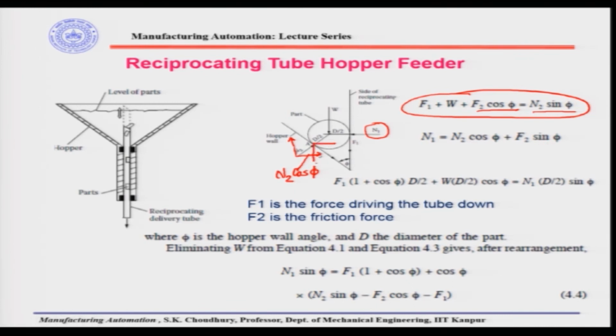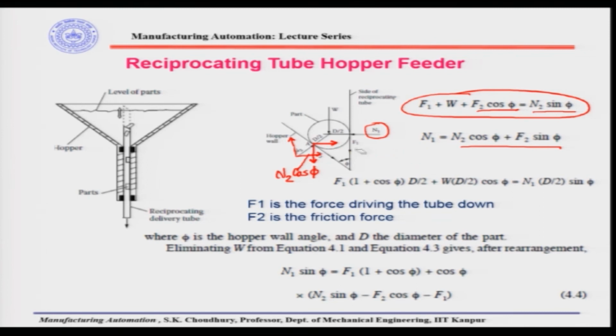So, this is the F2 and the sin of the phi. Okay. So, N1 in this direction is resisted by F2 sin phi and the N2 cos phi. This is clear. So, this is in the x direction, this is in the y direction.